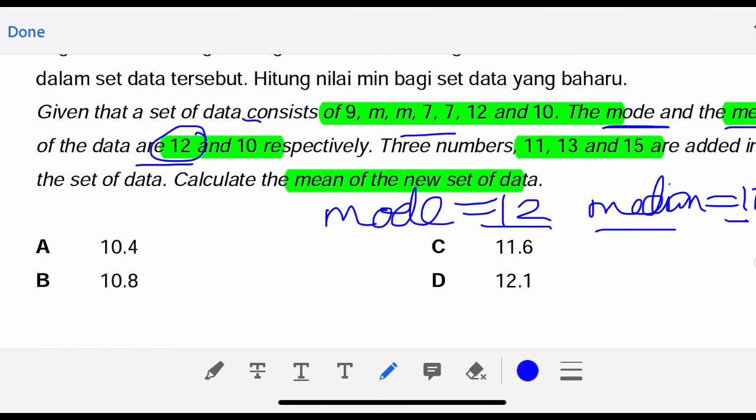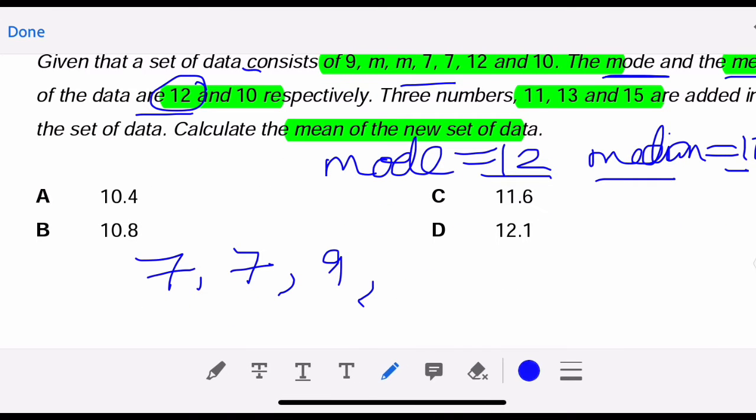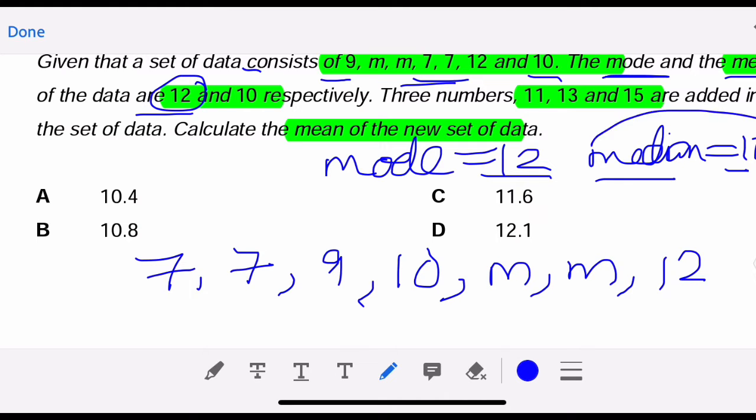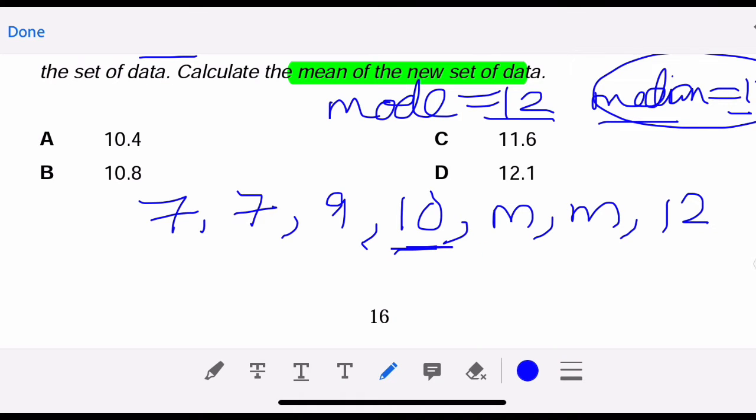So I'm going to arrange because the median is 10. So 7, 7, 9, 10 first, and then M and 12. Because the question says median is 10, so obviously we are doing the right thing.